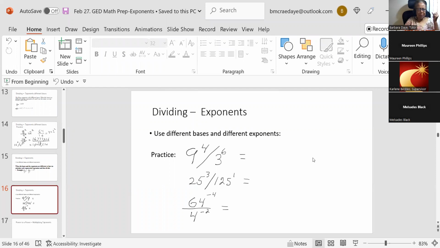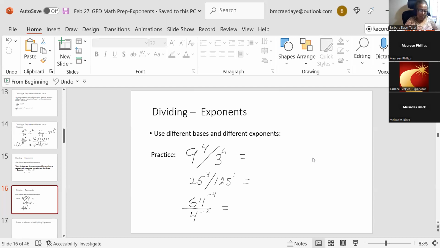Okay, different bases, different exponents. I need you to practice these. Do these for me and tell me the answers. You mean we have to do this now? Yes, I'll do it too, and we see if we all get the same answer. 4 to the fourth over 3 to the sixth.